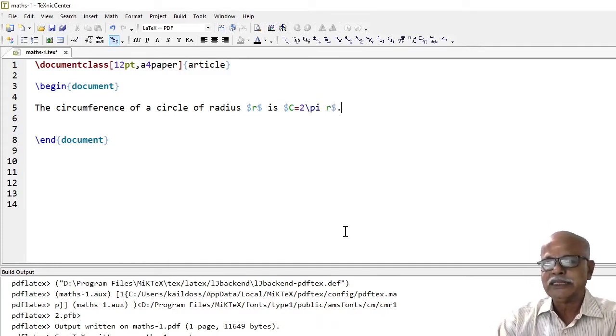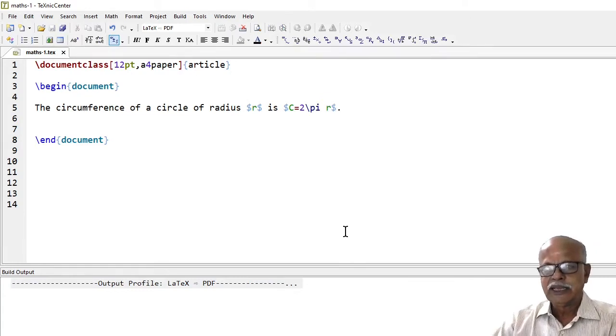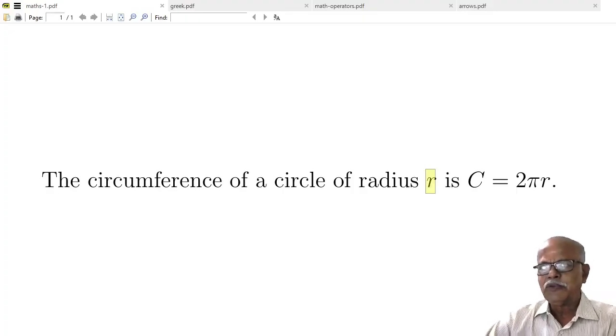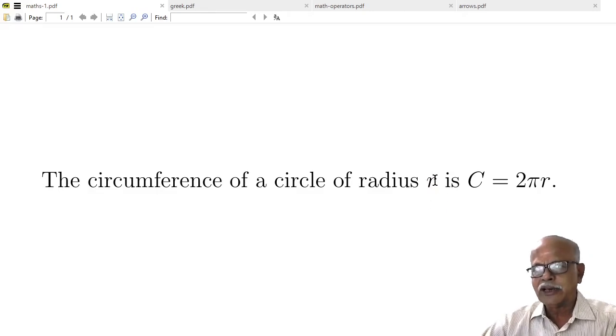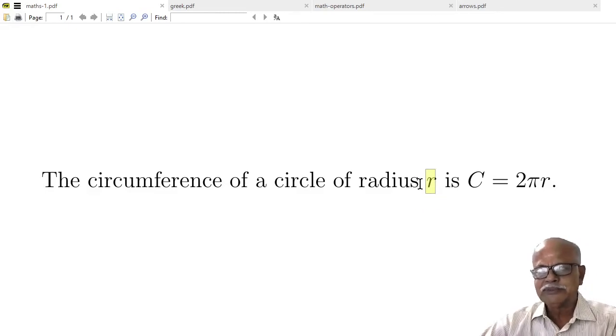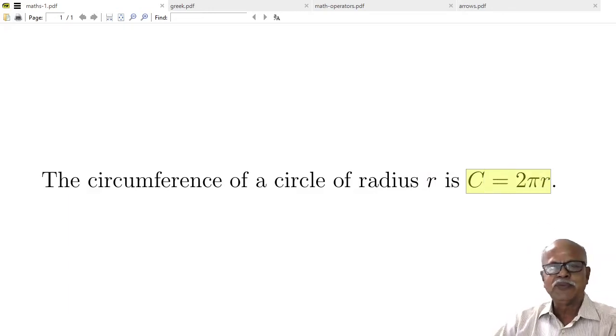Let us compile this. On compilation, you will find this r alone is different, indicating this is math r. Similarly, you find here automatically the font is changed, indicating this is in math mode.